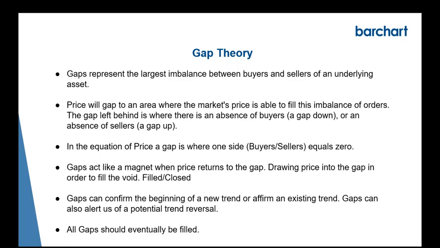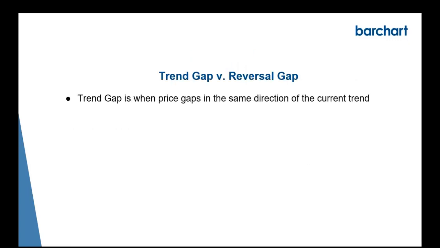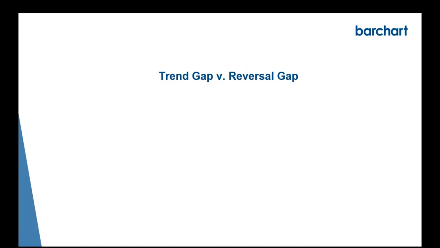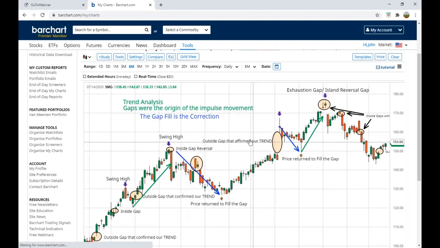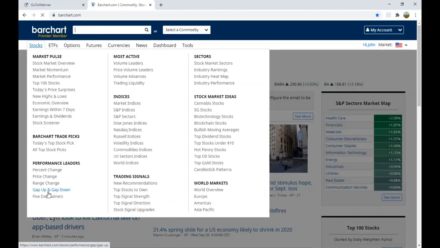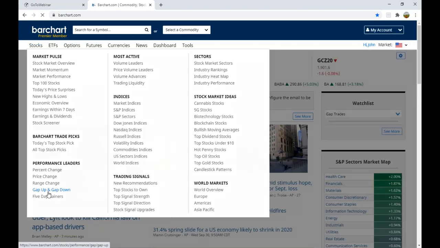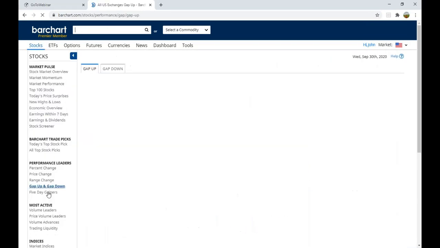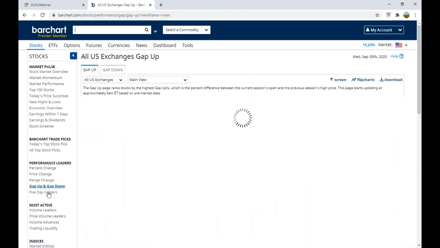So let's go back to our bar chart. Stocks, gap up, gap down. And this is our gap page.